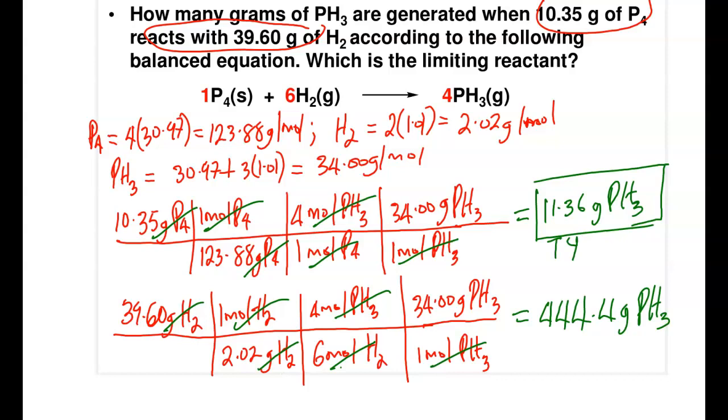So the limiting reactant (LR) is P4, because it is the one that gave us the lowest number. And this value becomes our theoretical yield: 11.36 grams of PH3 is the theoretical yield of this reaction.